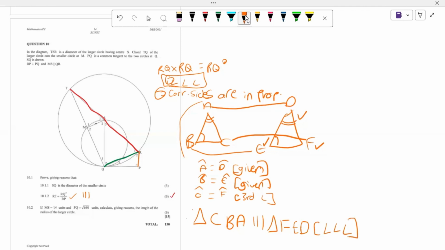Now from here, I can deduce the following, because once I have proven that they're similar with angle, angle, angle, automatically it also means the corresponding sides are in proportion.